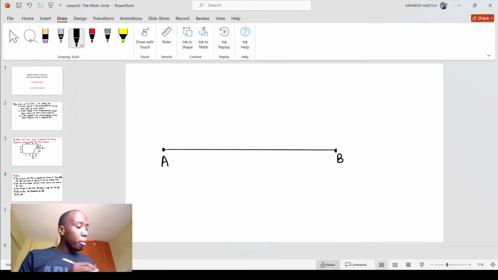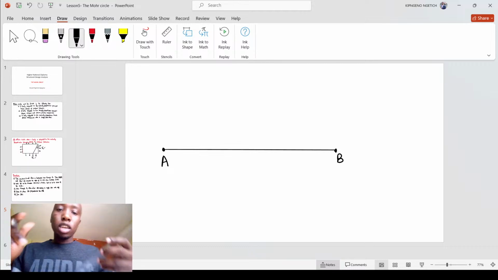Take AB as stress 1 and AC as stress 2 towards the right of A. So that's why I started by drawing it on the left, because we are going to go to the right of A. So if this is AB, AB is stress 1.